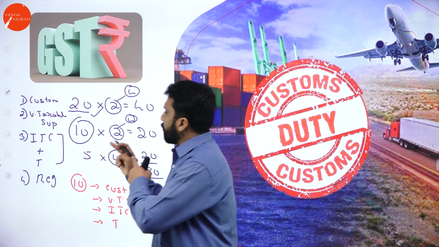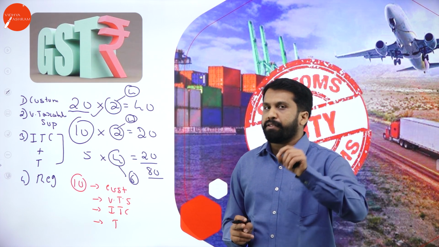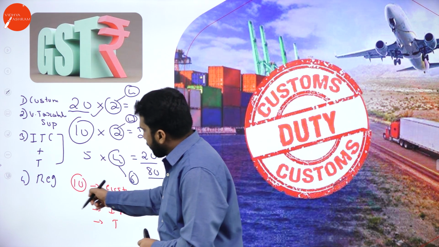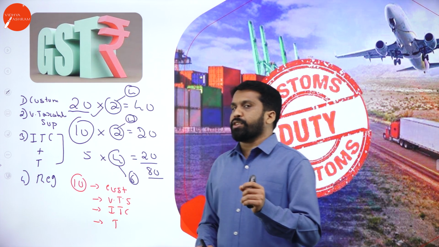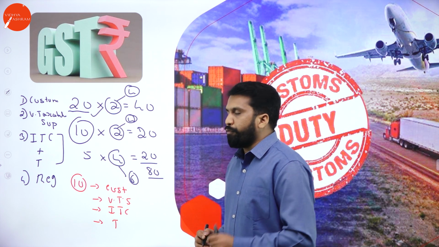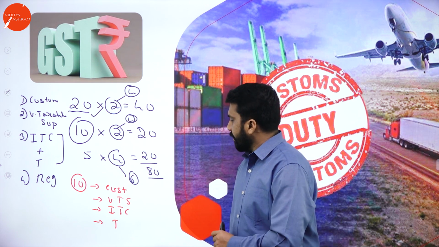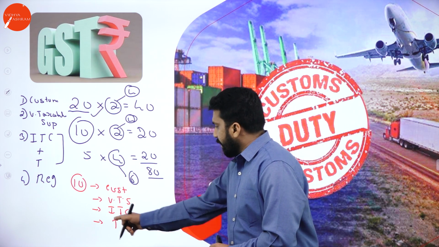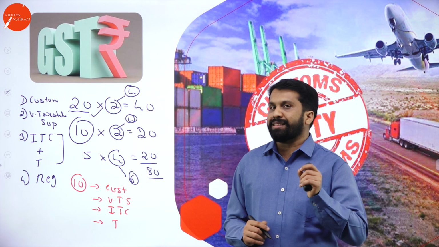Whatever you got for 20 marks, from the same topics one more question will be given for 10 marks. First one will be custom duty. Then a question will be asked on value of taxable supply, then input tax credit. Second type of problem will come, and the last one will be theory.